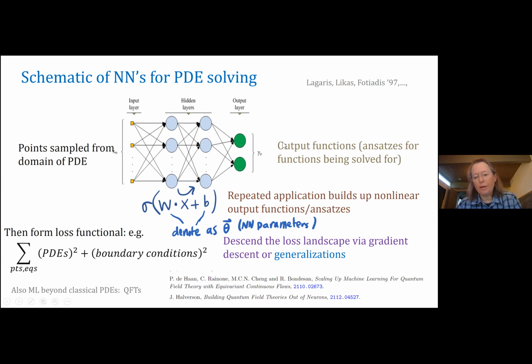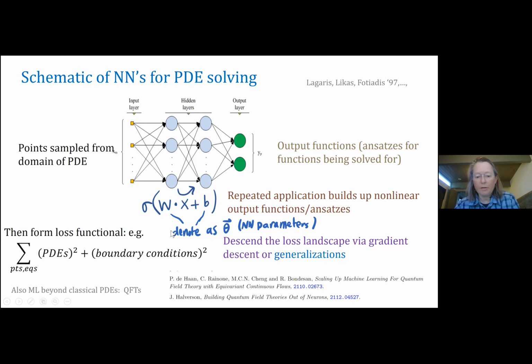And the output of the neural net basically serves as an ansatz, a trial solution for the differential equation that you're trying to solve. So, it's a particular form of an ansatz, the form where you nonlinearly build up the activations and so on in a way that depends, as usual in a neural network, on the weights and biases of the network.